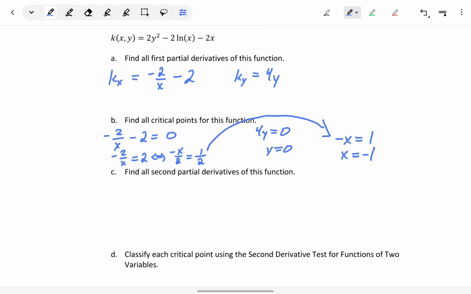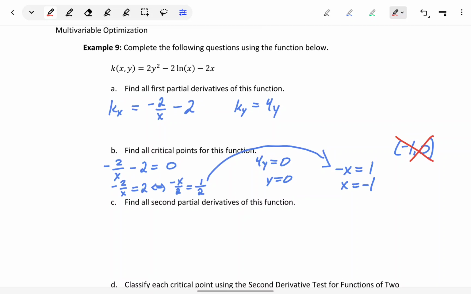Right here we run into a problem because in all of the other cases we've said something like now we have a critical point at negative 1, 0, but in this case we don't, because that critical value is not in the domain of the original function.